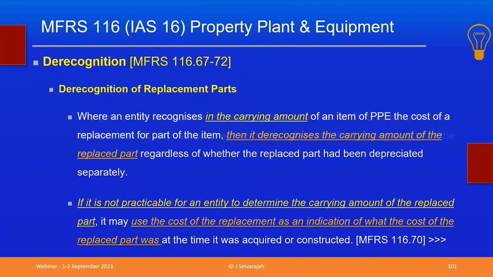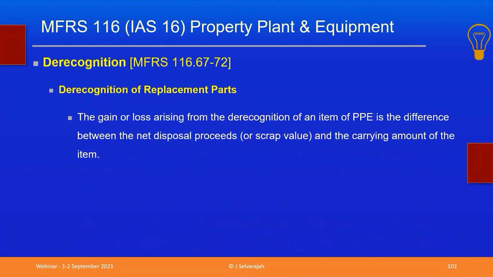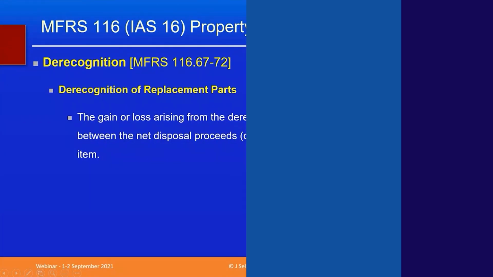That is another way of doing it. And any replacement parts that you sell, of course, go to the P&L account as a gain or loss. All right.